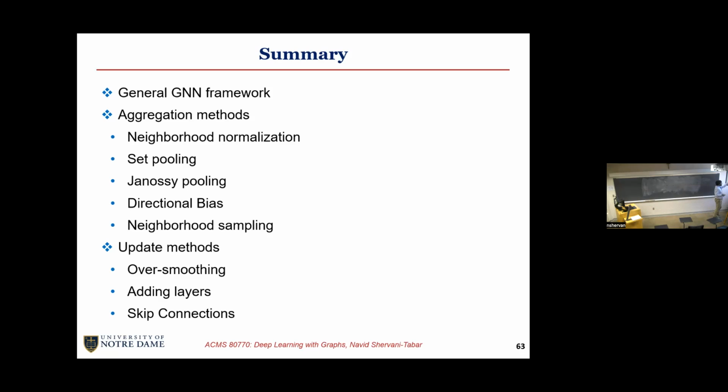One was adding layers. So instead of adding more GNN layers, we were adding more MLP layers inside each GNN layer. Another approach was to add pre-processing or post-processing layers to our network. And next we looked at skip connections, which at each iteration explicitly add the embedding from the previous layer to our output.